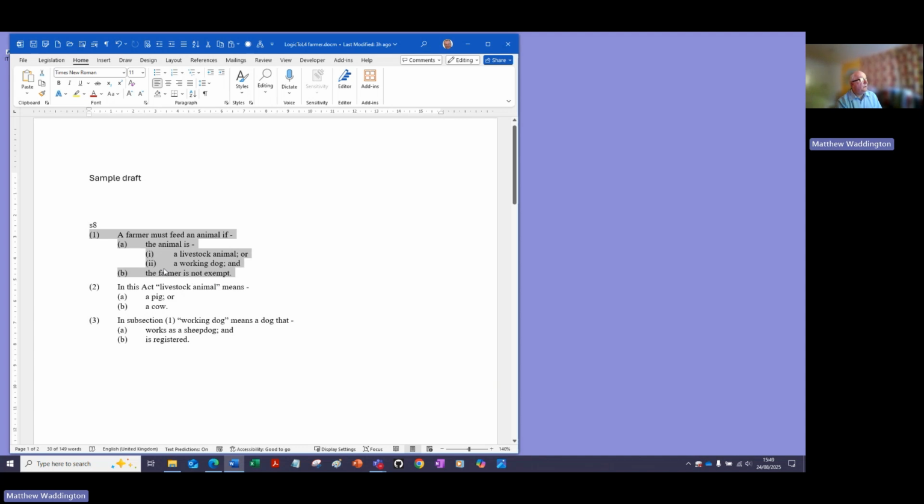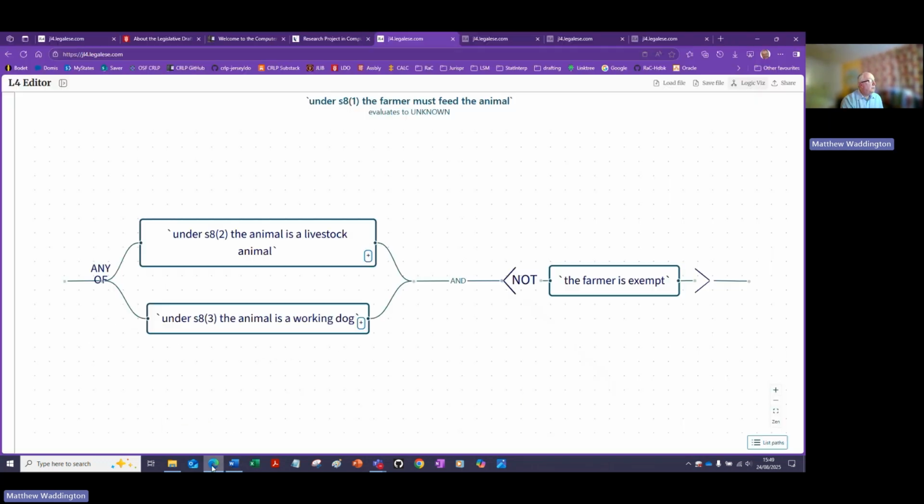We're not going into what those are at the moment, but you'll see I'm thinking that the drafter is going to be putting in a definition of livestock animal as meaning a pig or a cow, and a definition of a working dog, meaning a dog that works as a sheepdog or is registered under this act, presumably.